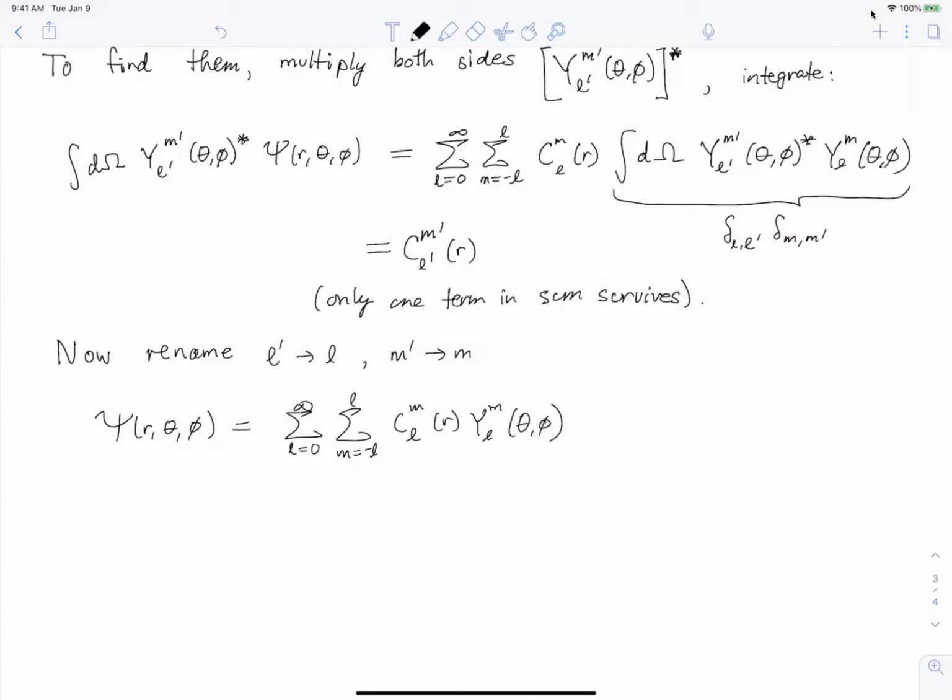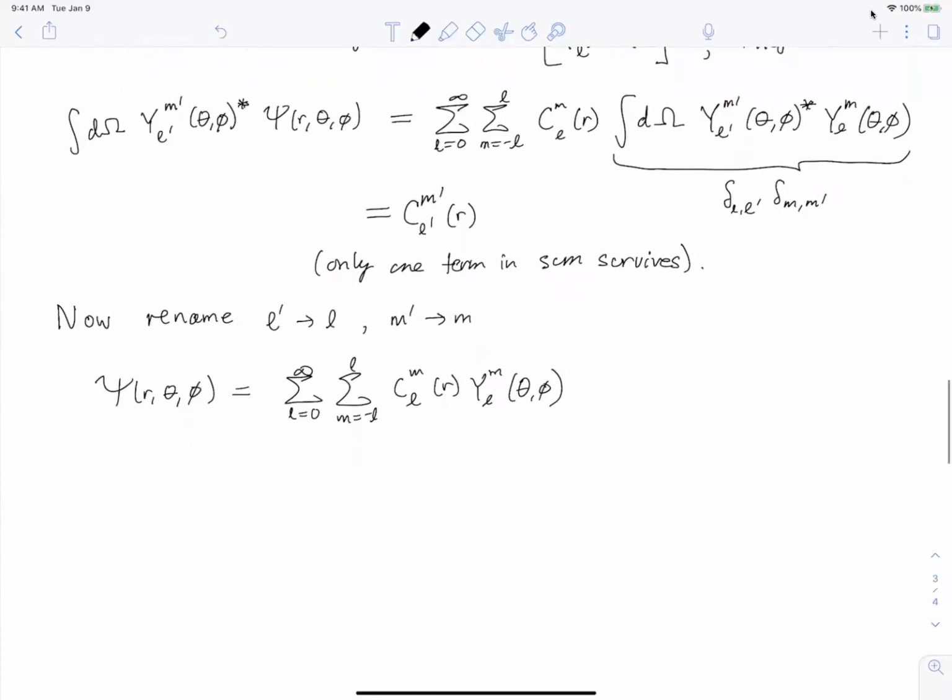So what that equation's telling you is that you can write everything in the spherical harmonic basis, where the CLMs are known because they're just the integral over all theta and phi of YLM of theta and phi, star, times psi of R, theta, and phi.